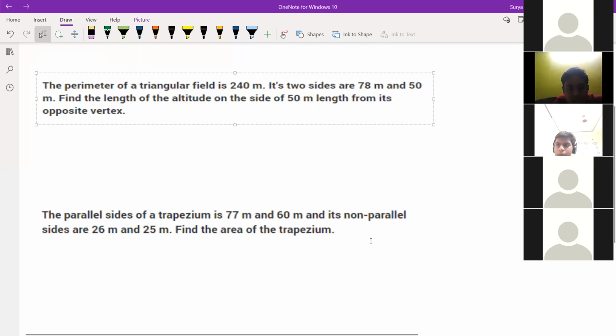We will do this question: the parallel sides of a trapezium are 77 and 60 meters, and the non-parallel sides are 26 and 25. Find the area of the trapezium.